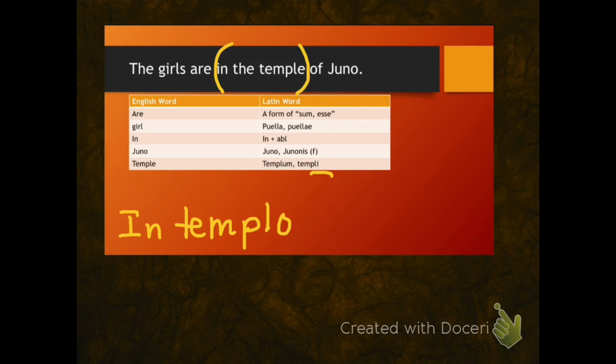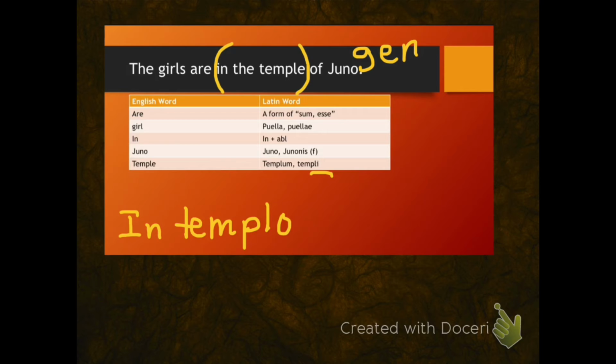Genitive case is used for any word in English that ends with an apostrophe S or any noun that comes after the word of. So in this sentence, I have the phrase of Juno. And that means that because Juno follows the word of, I'm going to write Juno in the genitive case.